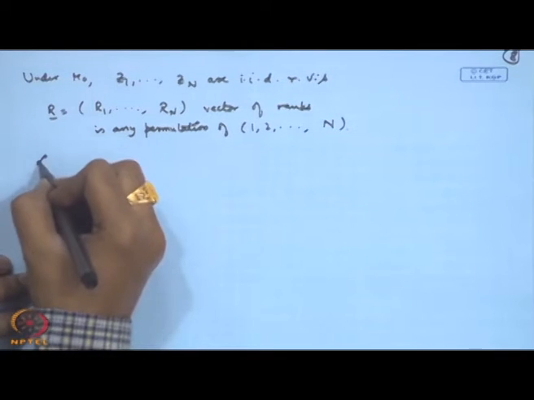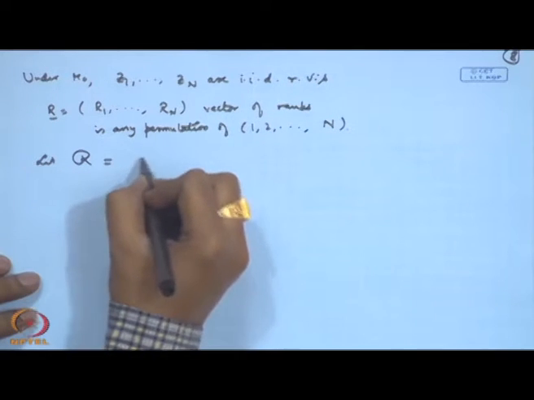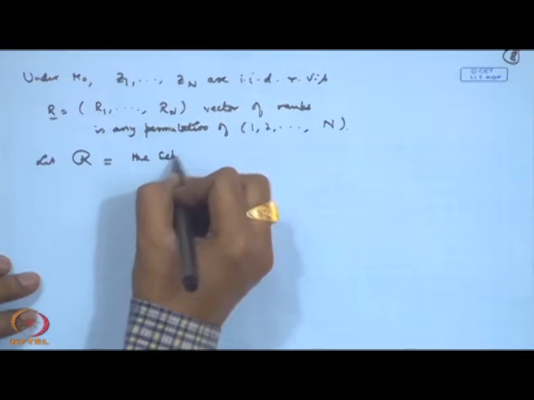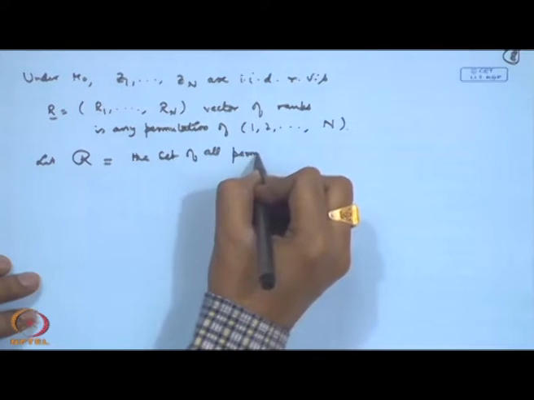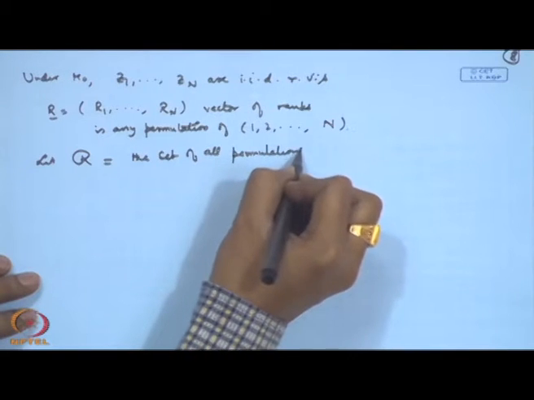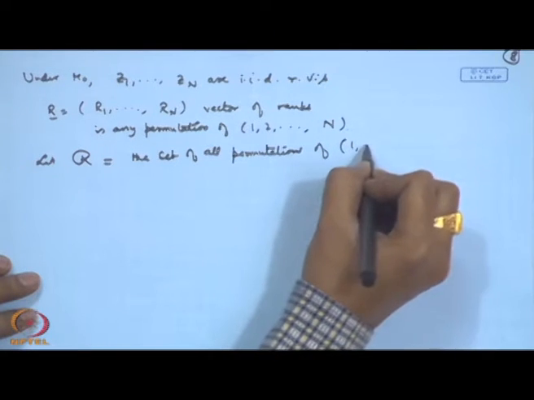Let us consider, say, script R, the set of all permutations of the numbers 1 to n.